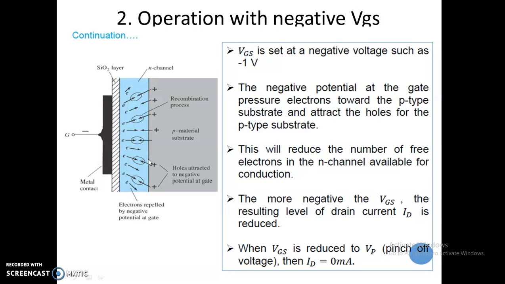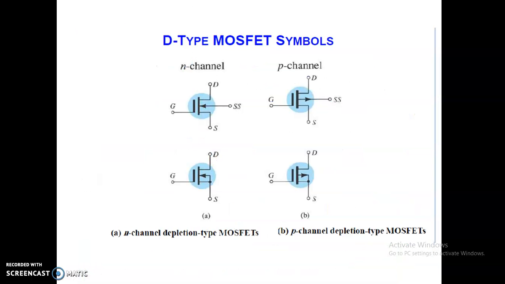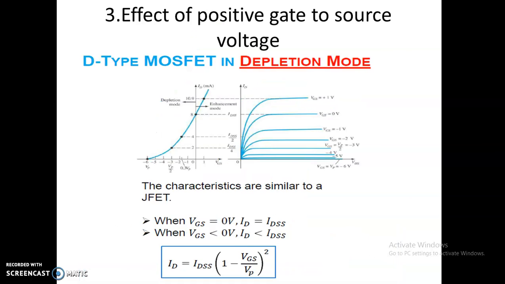This mode of operation with negative VGS is known as the depletion region. From the characteristic, the channel current is depleted. So here you can see through the transfer characteristic how the effect varies with increasing voltage.